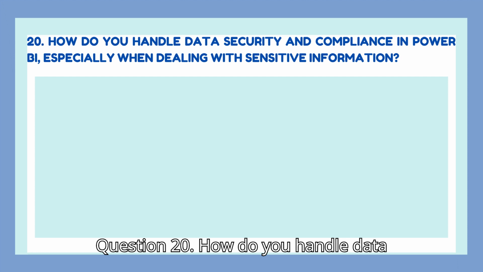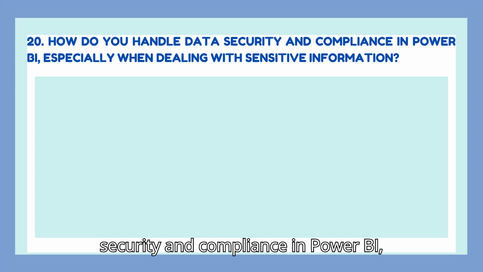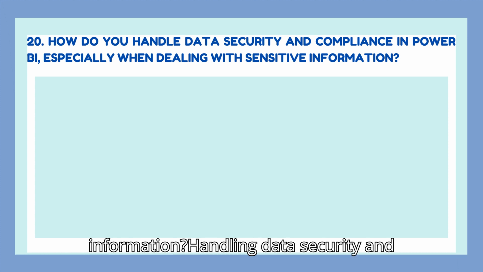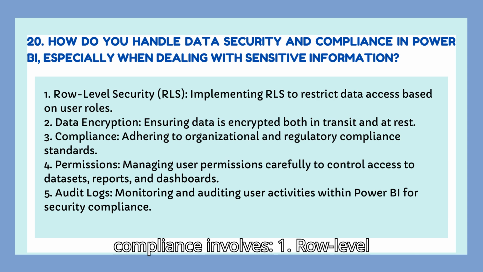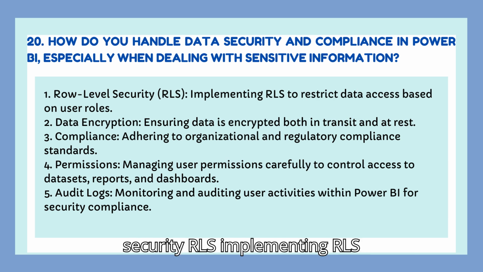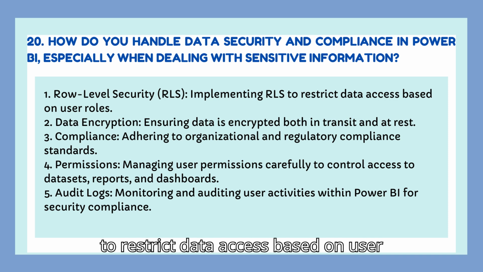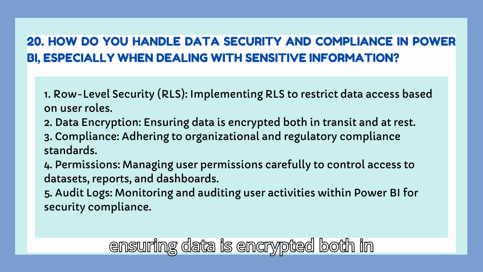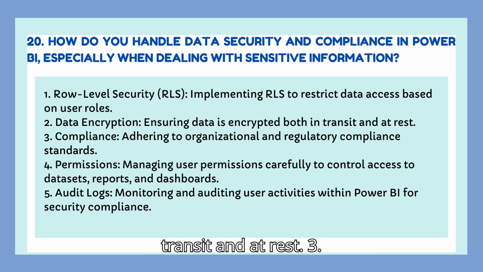Question 20. How do you handle data security and compliance in Power BI, especially when dealing with sensitive information? Handling data security and compliance involves: 1. Row-level security, RLS, implementing RLS to restrict data access based on user roles. 2. Data encryption, ensuring data is encrypted both in transit and at rest. 3.